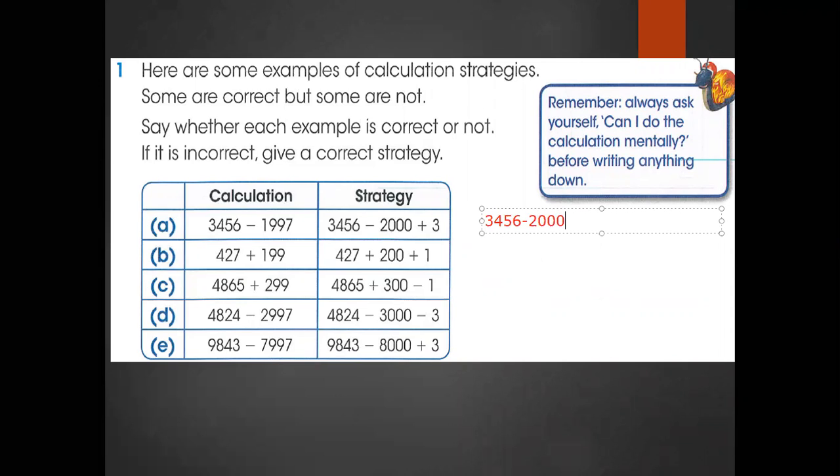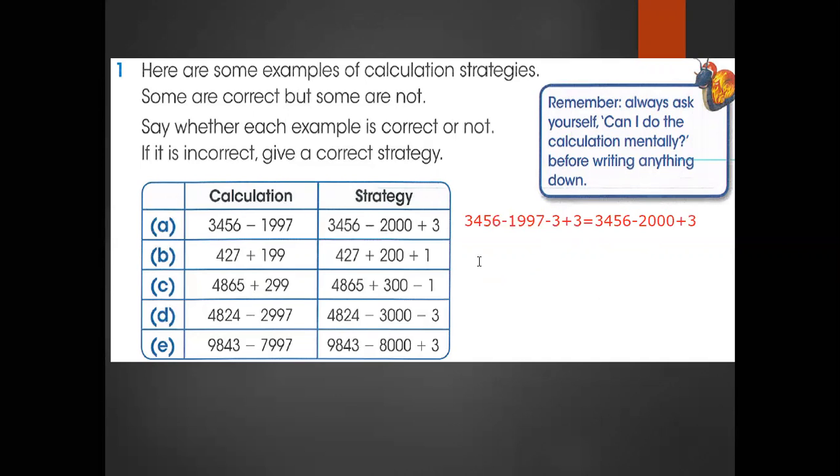If you write plus 3, you must write minus 3. Here we write 3456 minus 2000, plus 3, so that is right. The minus is added with 1997, and the plus is left, so this one is correct.